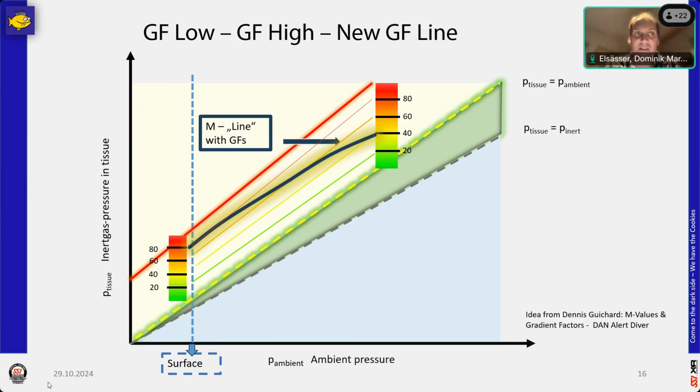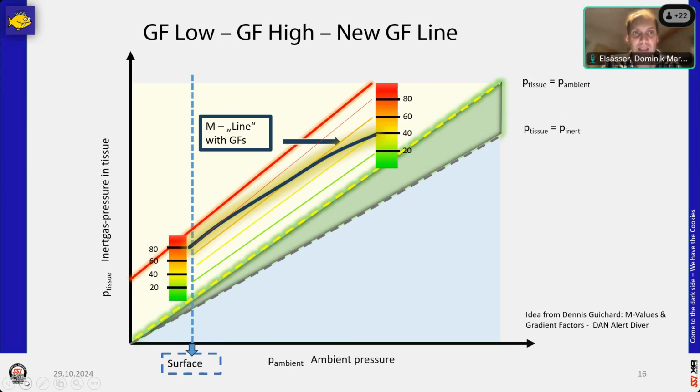Drawing a straight line between GF low and GF high is an example where in the past things have been a bit oversimplified. Actually, it ought to be a parabola. That matters more for the faster tissues, because there the difference is larger than for the slower tissues, but the effect is there. That's why we have drawn here a bit of a curved line to represent this correctly this time.